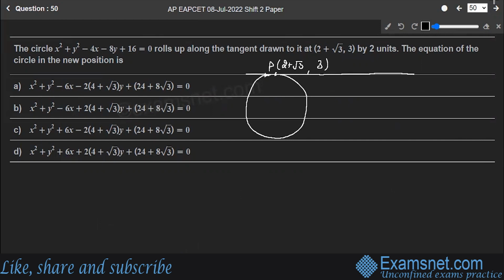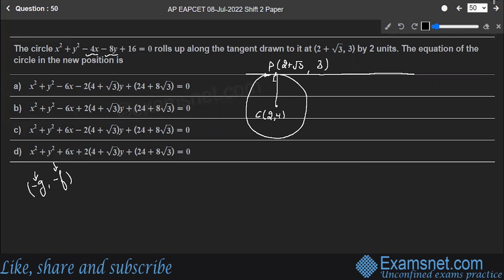Now, it is given that this is the circle. The center of the circle will be given by (-G, -F), where G is half of the coefficient of x and F is half of the coefficient of y. So here I can have the center C as (2, 4).